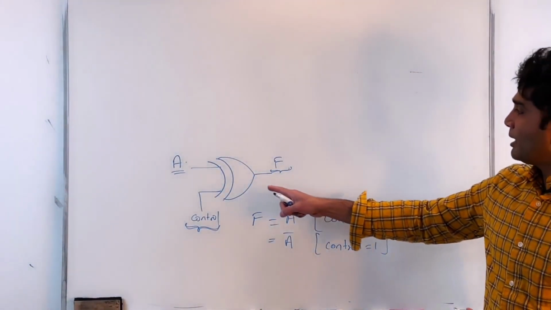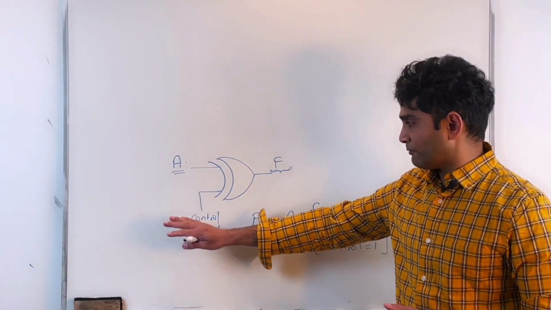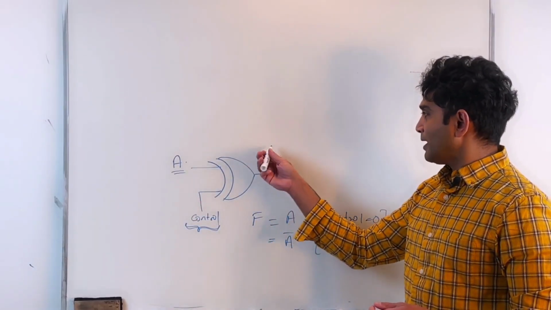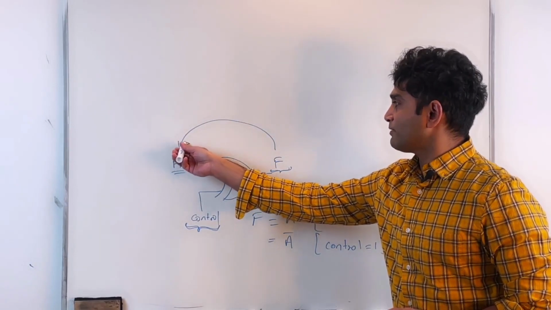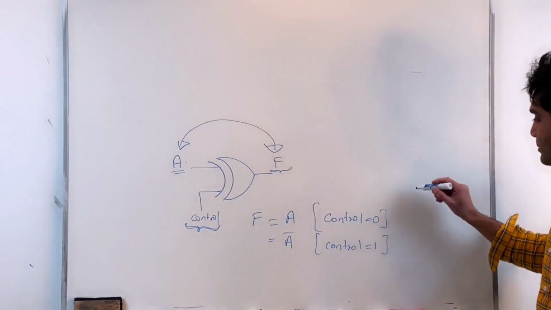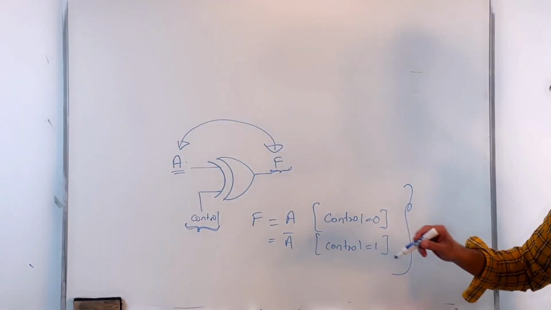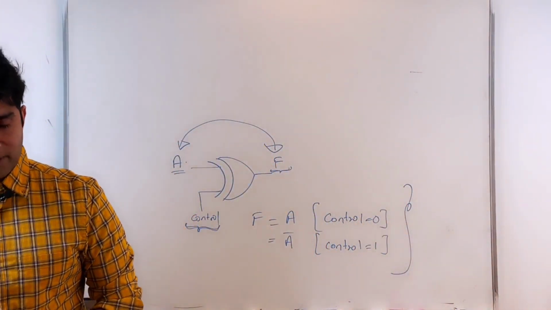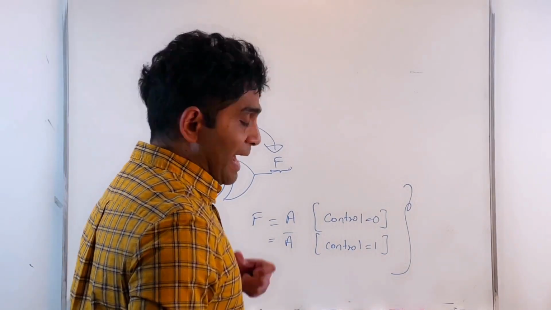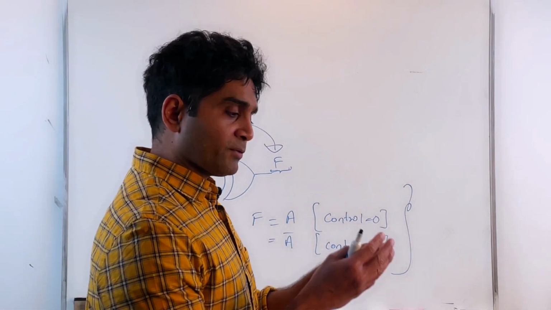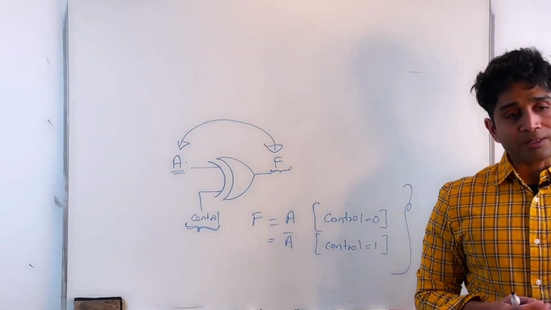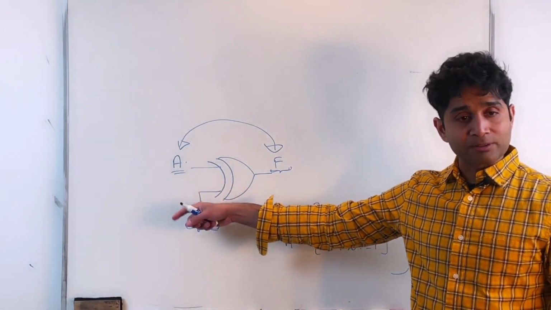So if I fix the control input to be a specific value, the relationship between F and A is related in this manner. And I utilize this in my design to build my adder/subtractor circuit. So instead of directly inverting my B's, I would pass them through an XOR gate where the other input to the XOR gate is a control input.